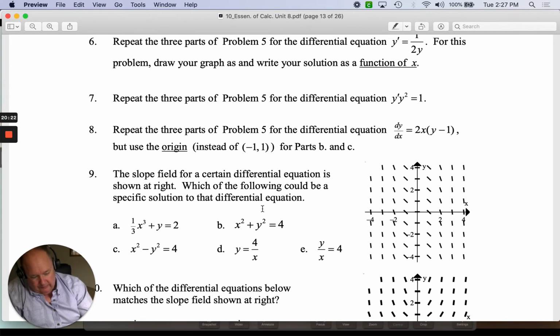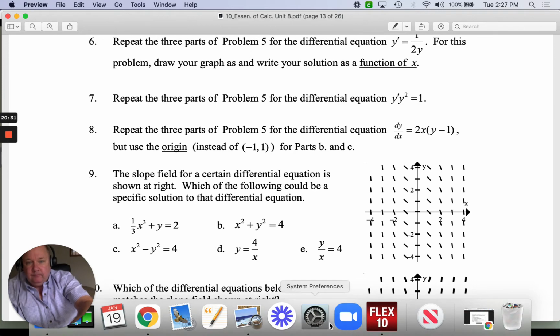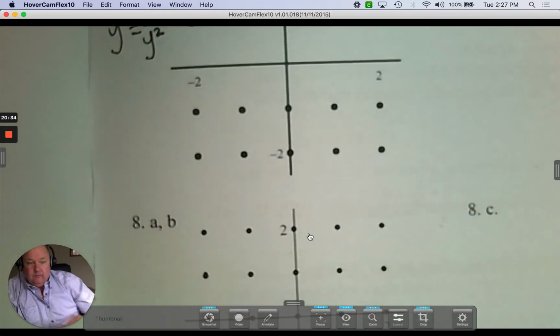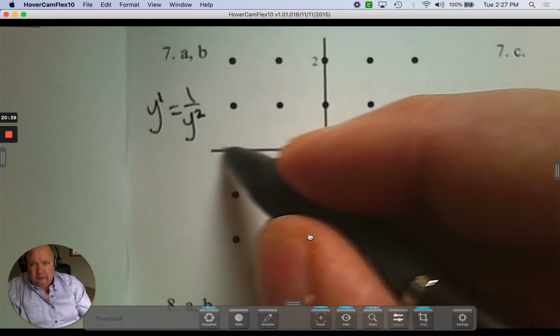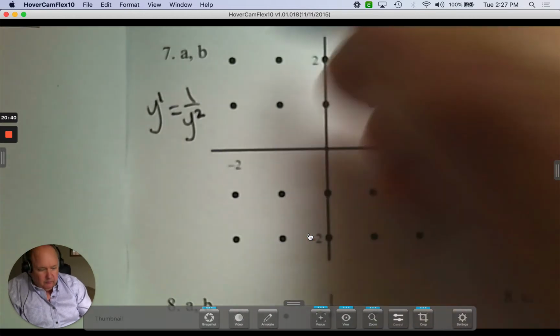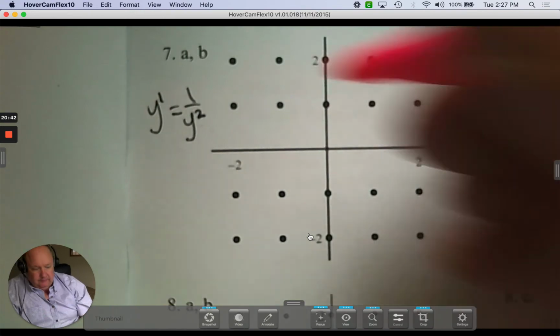So I'm going to divide by y squared. So it's 1 over y squared. I'm going to do that first. And again, because it's y, it's going to go by rows. So 0 is undefined.